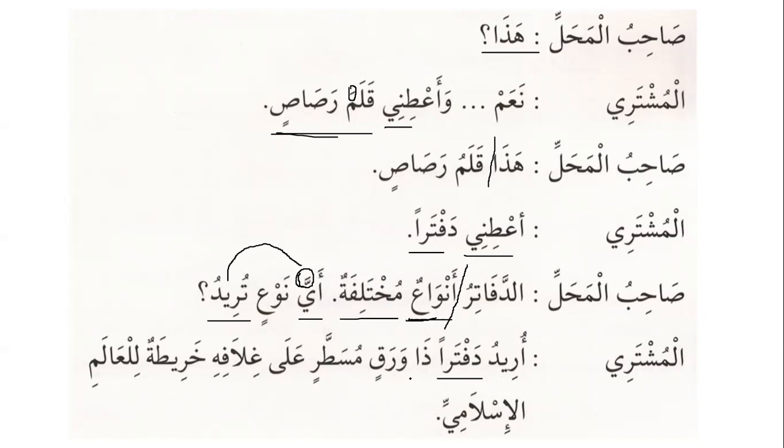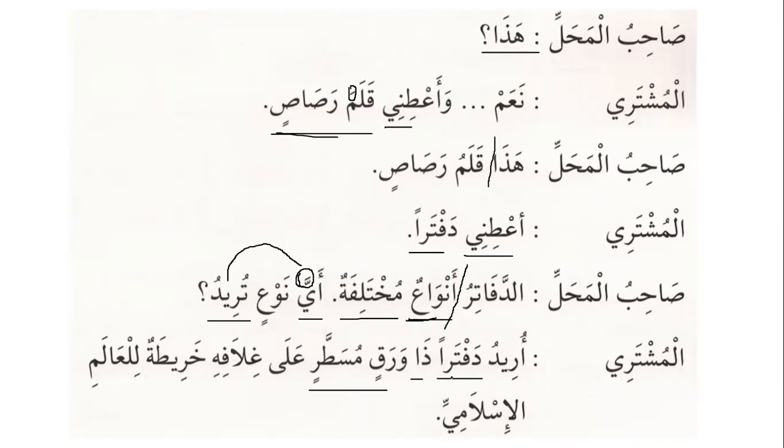We know that dhu can be used as sifa as well, and it is always used as mudaf. Then the noun that comes after that, waraqin musattarin, the lined paper, or the paper with lines, or the ruled paper. So this is basically sifa for daftaran.